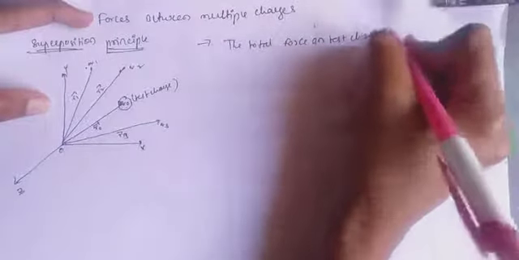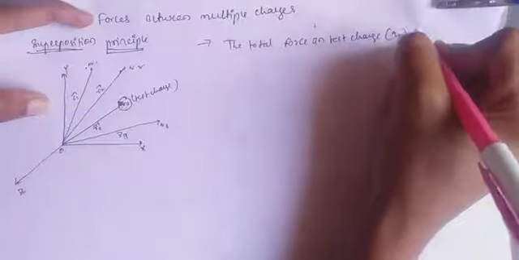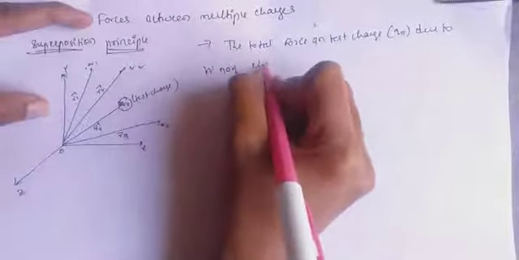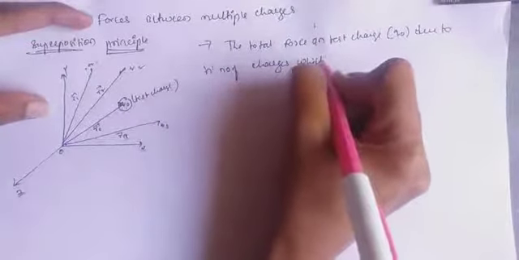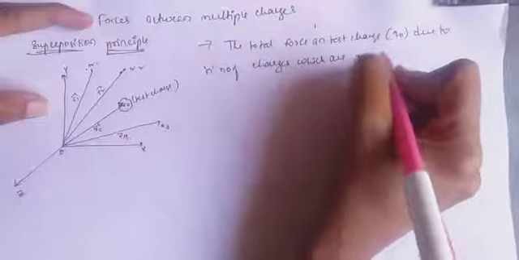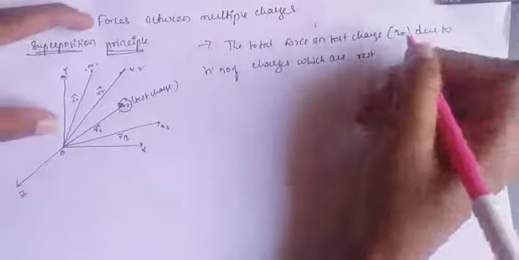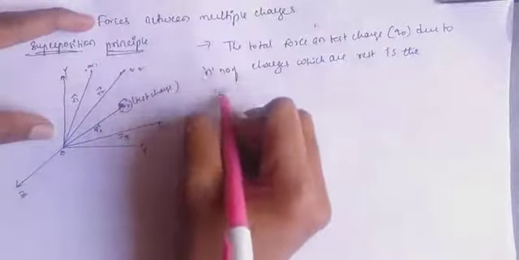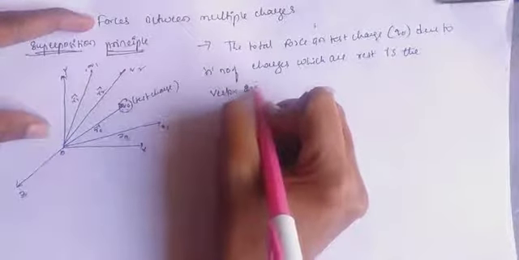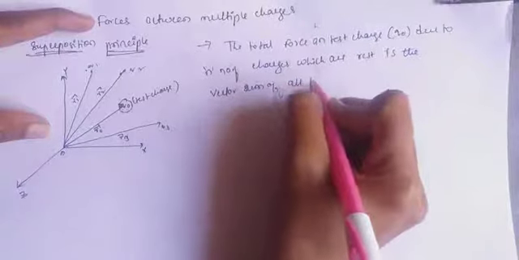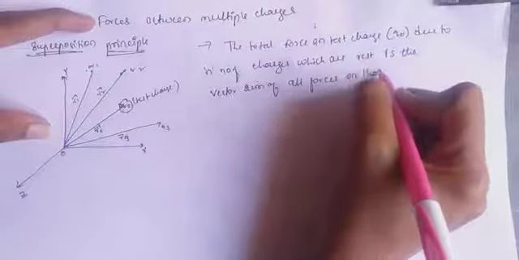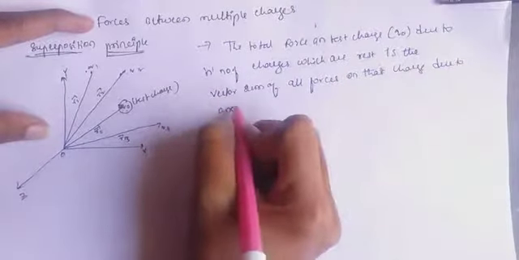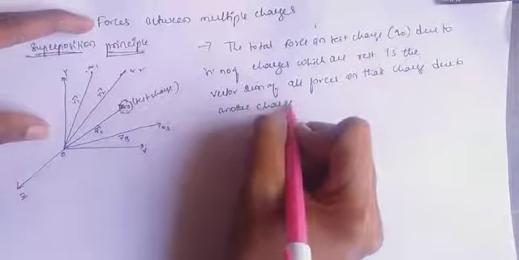The total force on test charge q0 due to n number of charges which are at rest, not moving, because we are studying electrostatics, is the vector sum of all forces on that charge due to the other charges, at some time t.